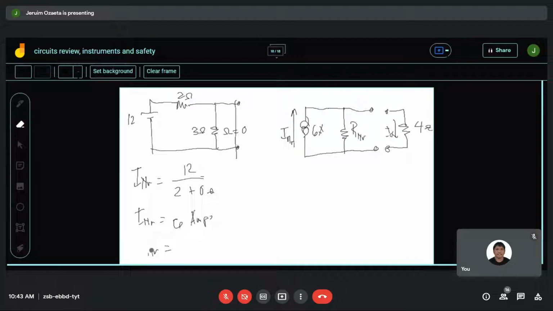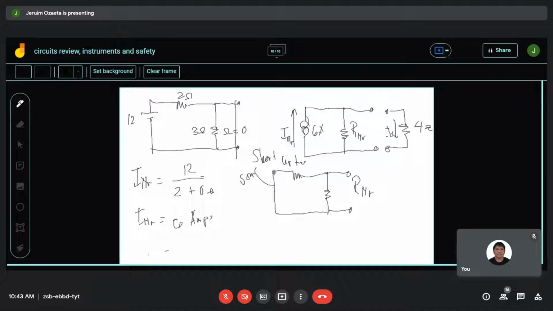And then look at the resistance as seen at the load terminal. So the circuit now will appear to be the short-circuited load, short-circuited source.